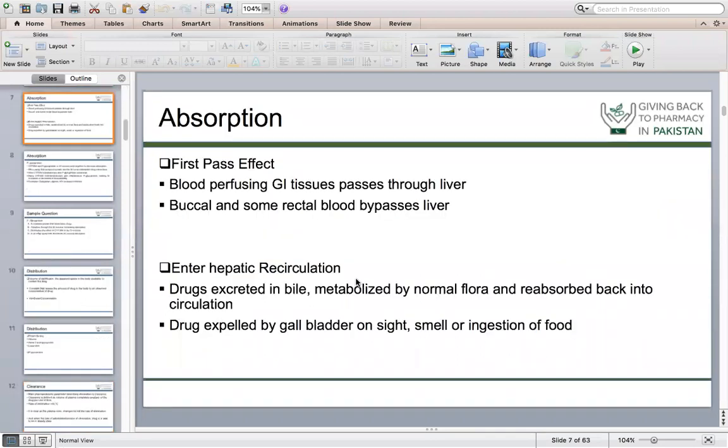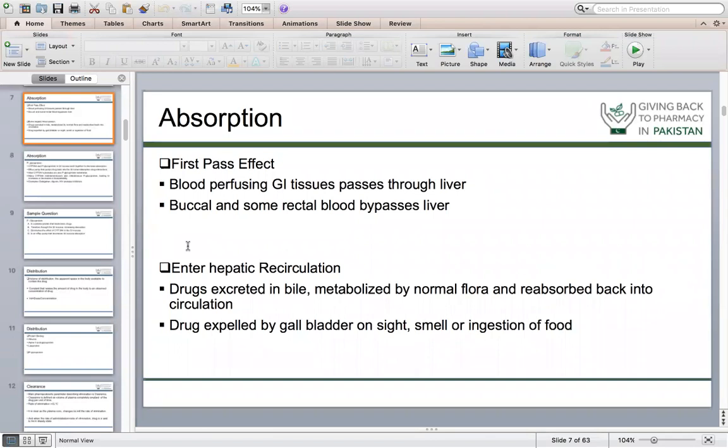So moving on to our next slide, which is about absorption, the first process in the journey of a drug in the system. So we need to review certain concepts associated with absorption, which is first pass effect. What is first pass effect? Once we administer a drug and it's absorbed, it will not directly go to the systemic circulation.